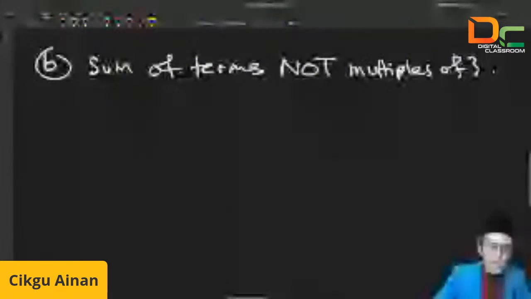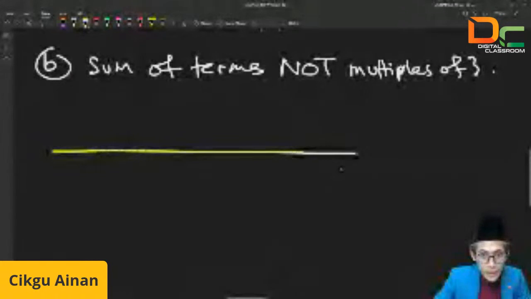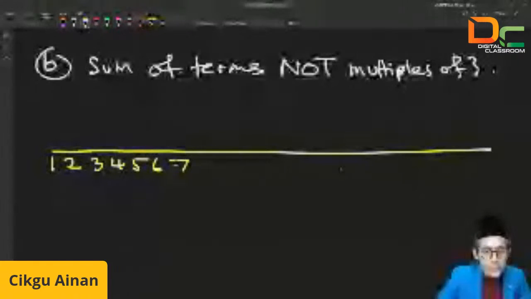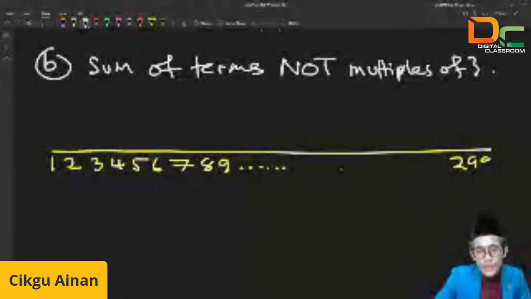Now, let's go back to the number line, the one that we got just now. From this number line we get 0, we don't want that. We take 1, 2, 3, 4, 5, 6, 7, 8, 9, up to, earlier, 300 cannot. So 299, 298, 297, 296.